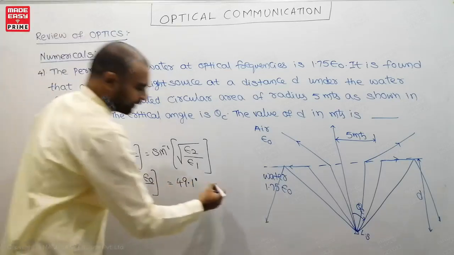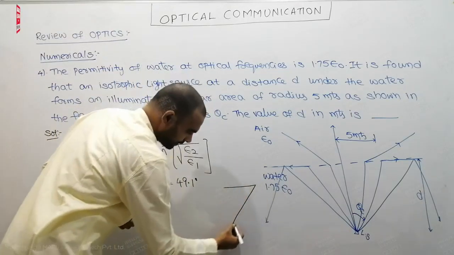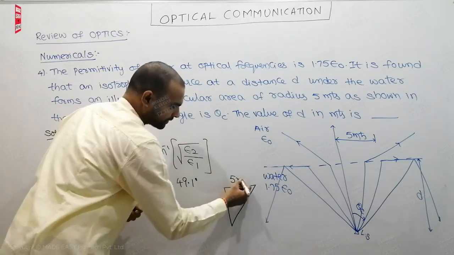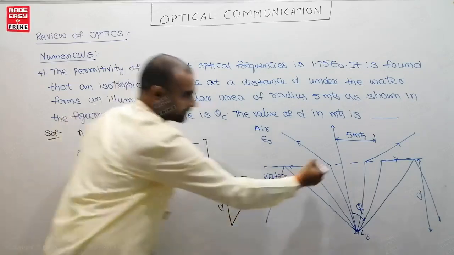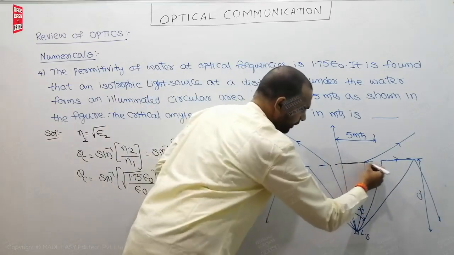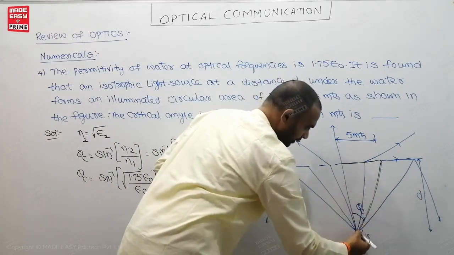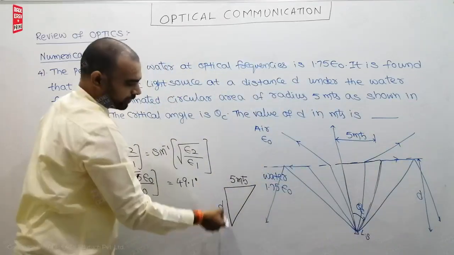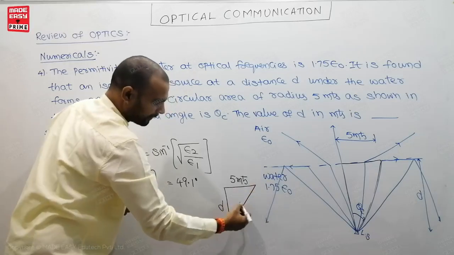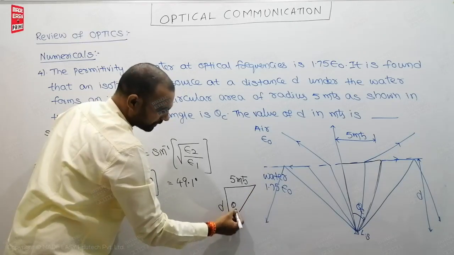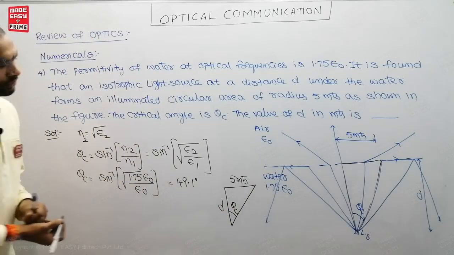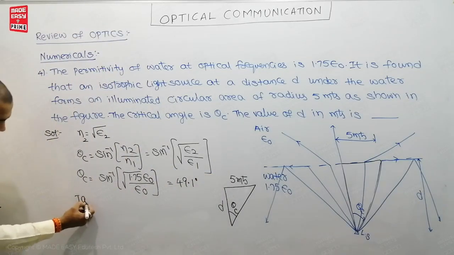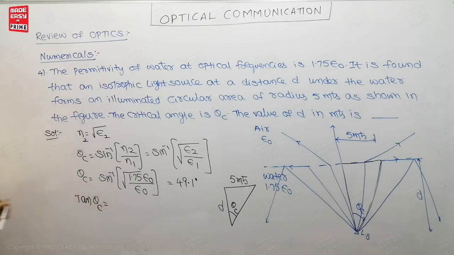As I already told you, it forms a triangle. This side is equal to 5 meters, and this is d, and this angle is theta c. Can I write tan theta c?